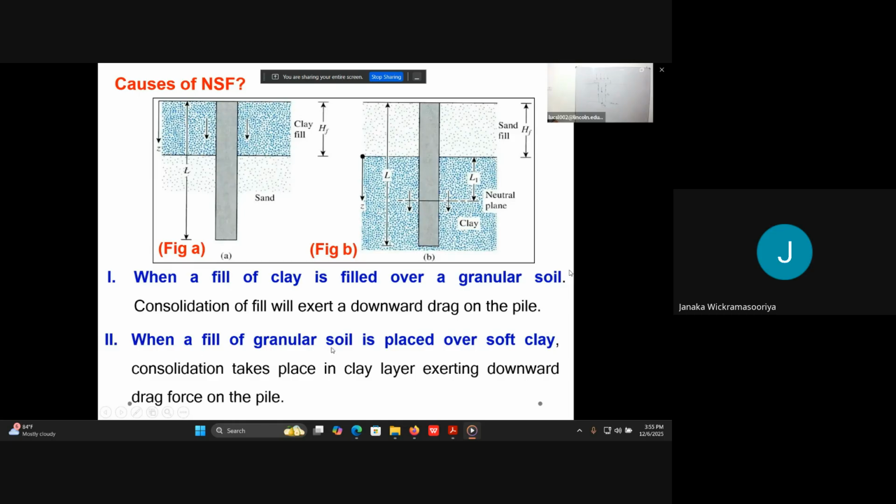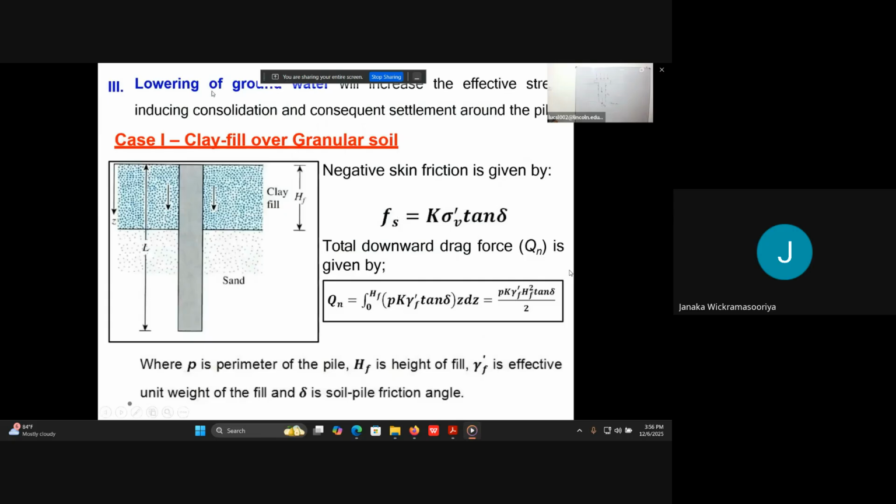When a layer of granular soil is placed over soil properly. And the next one is the lowering of the groundwater. When the groundwater is lowered, the effective stress changes, and from that also there will be a downward force.